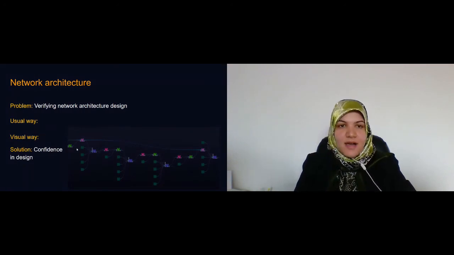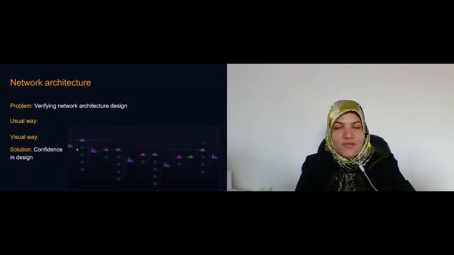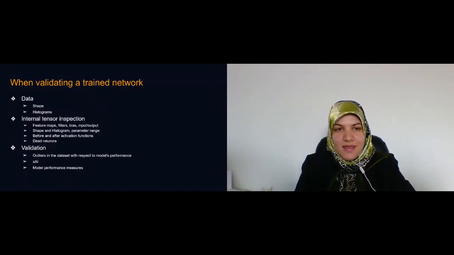And the second part of my presentation is about when we have already trained a network and we want to validate it and maybe try to improve the performance. And this is, I think, more interesting. So again, as before, we need to validate the data in terms of the shape, histograms, normalization, etc. And we have access to internal tensors.